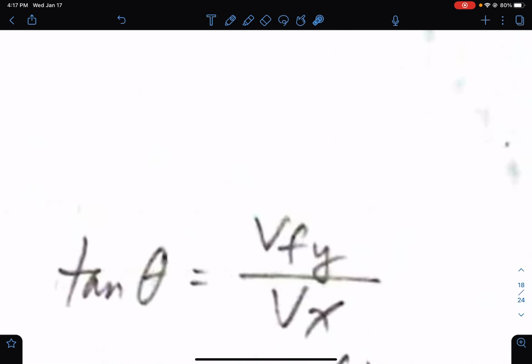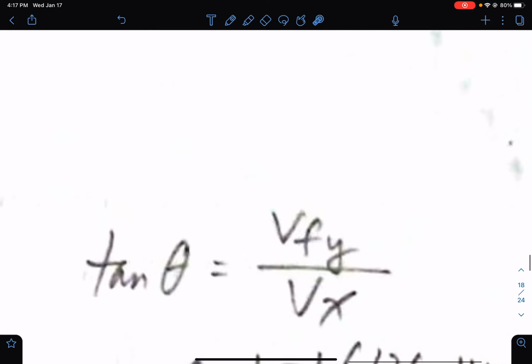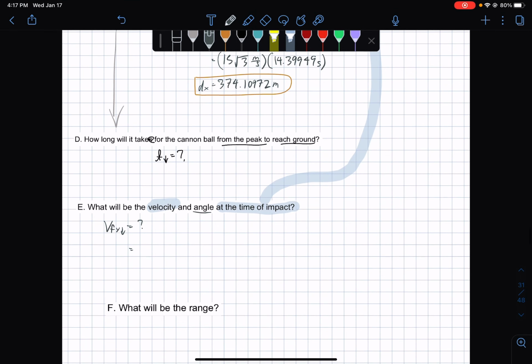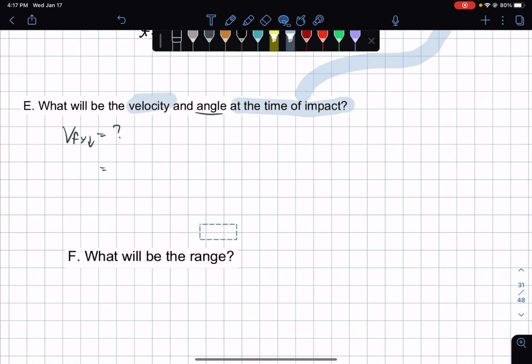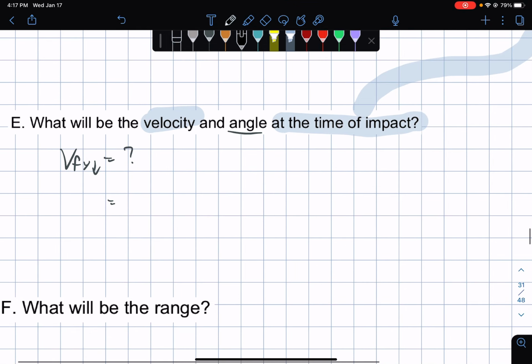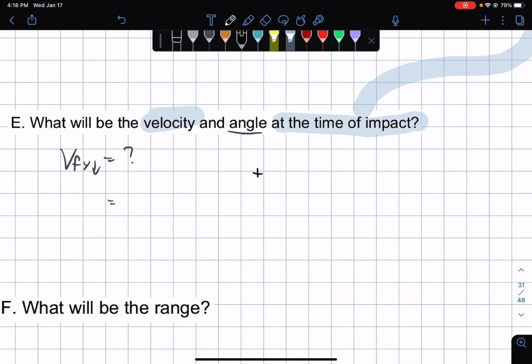Well, let's use this formula. It's been some time since I've solved these kinds of problems, and I'm glad I still understand how to solve them somehow. Tan theta. Okay, so why do we use tan theta? In the context of SOHCAHTOA, tan is equal to opposite over adjacent. So wait, what is the value again? Okay, so tan theta is equal to VFY over VFX.